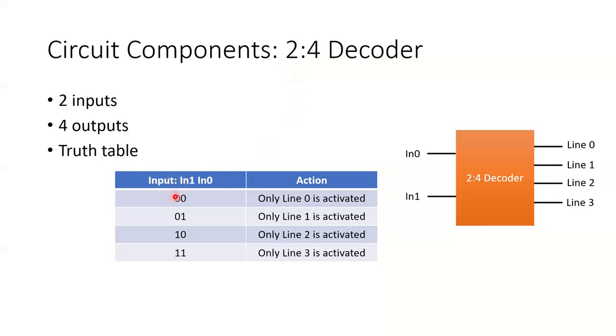For a given input, you have a certain action that is happening. If your input is 0, 0, only line 0 is activated and everything else is off. If your input is 1, which is 0, 1, line 1 is activated. If your input is 2, which is 1, 0, line 2 is activated. If your input is 3, which is 1, 1, line 3 is activated. Simple, right?